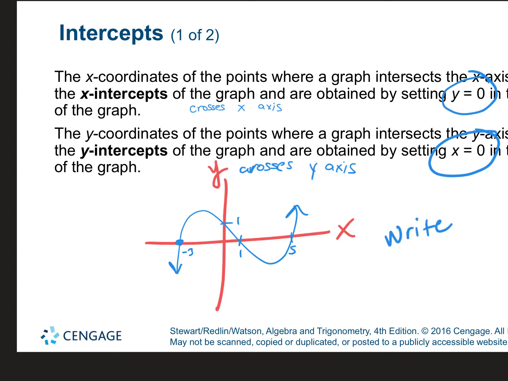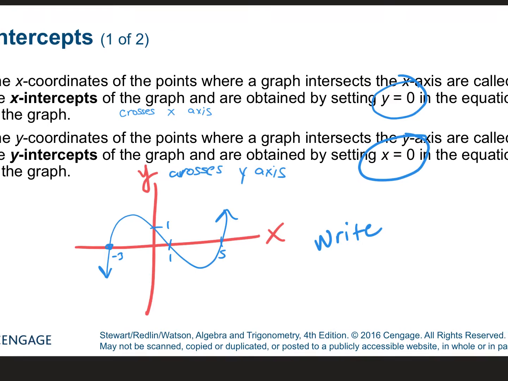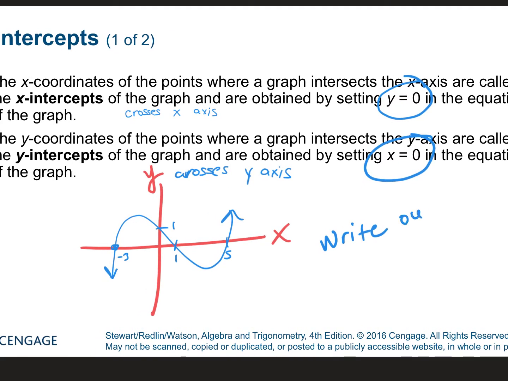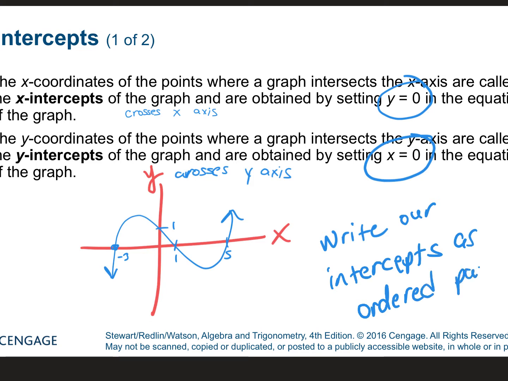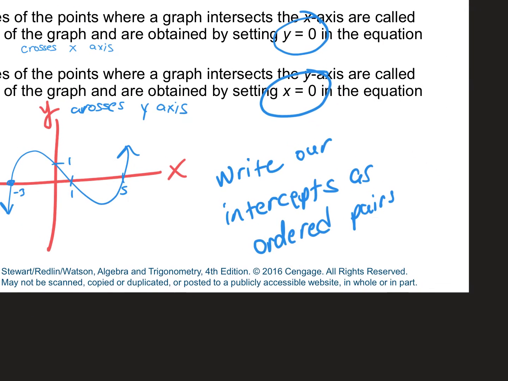On your quiz, when you are finding x and y intercepts, we are going to write our intercepts as ordered pairs. Meaning 0, comma, a number, or a number, comma, 0. Don't just tell me the x-intercept is 1.